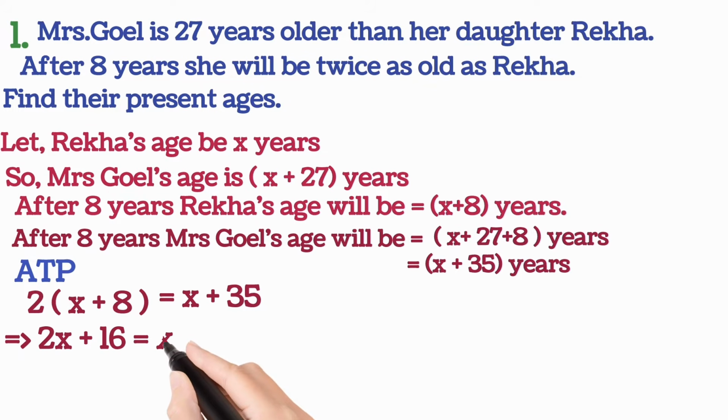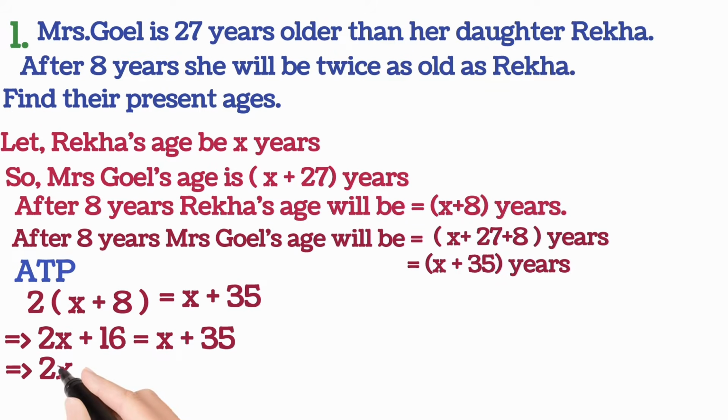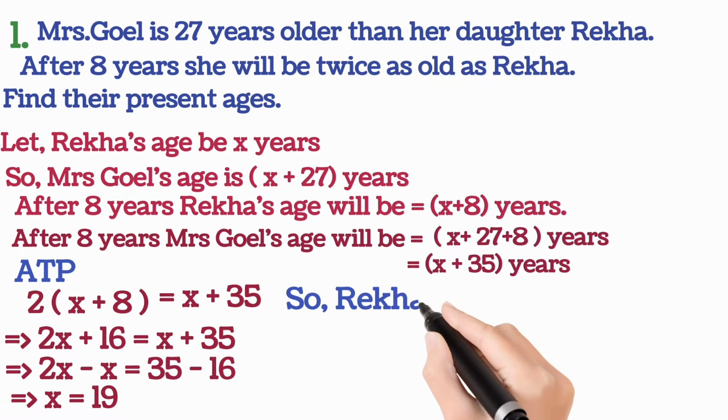So 2x plus 16 equals x plus 35. Now we will collect the variable terms on the left hand side: 2x minus x equals 35 minus 16. 2x minus x is x, and 35 minus 16 is 19. Yes, we got the value of x.